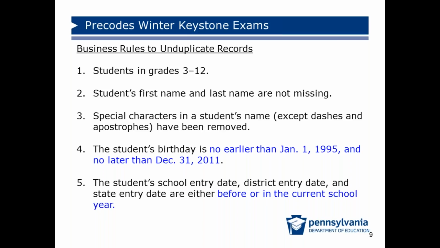This problem was detected with accountability data where schools showed students in PIMS that were not in the accountability file. With dates listed in the future, students were not flagged as FAY, or full academic year, and therefore they did not appear in the accountability file. This year, changes have been made to PIMS so that the entry dates cannot extend past the current school year.